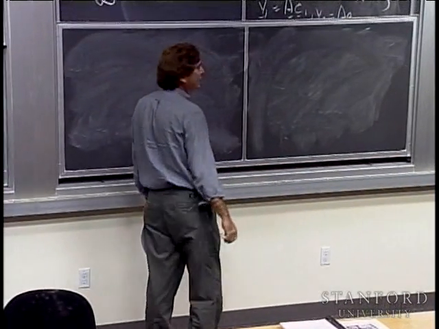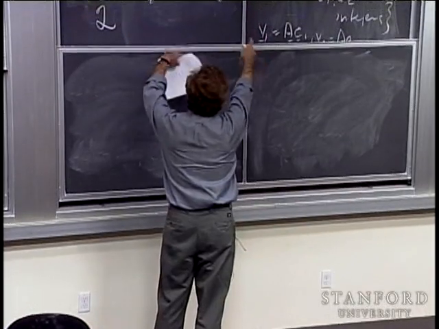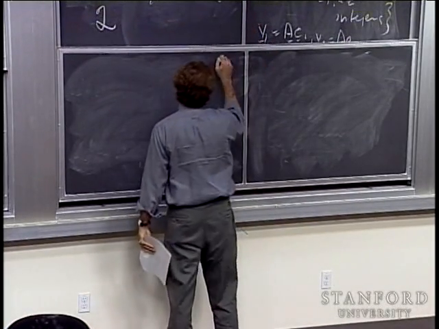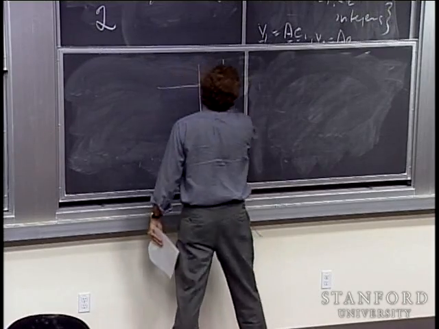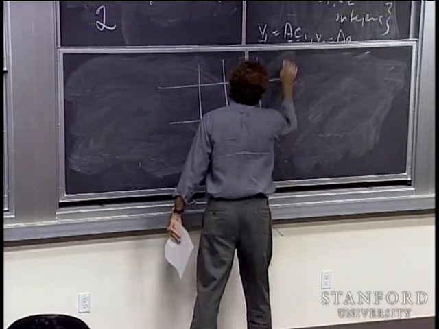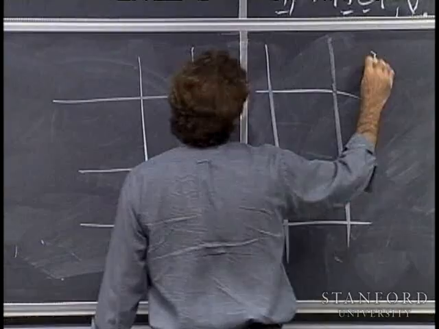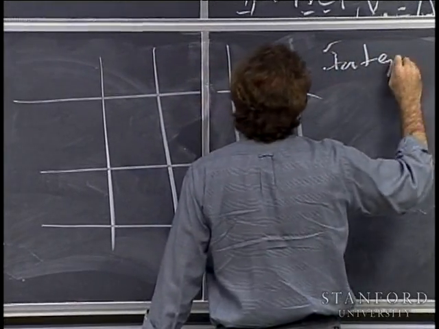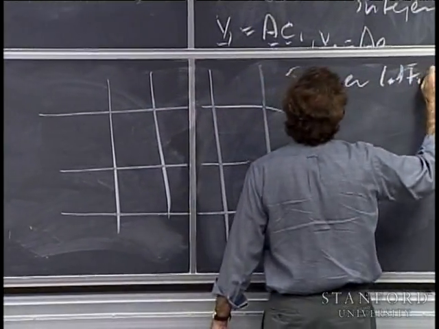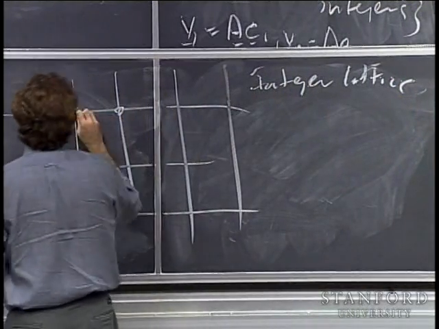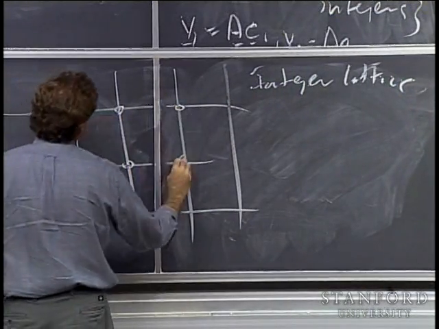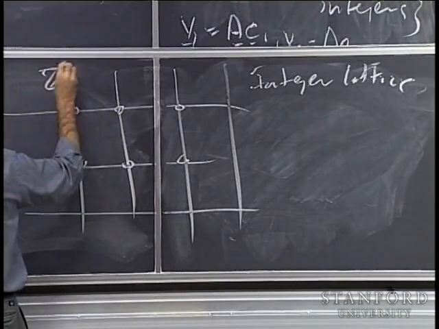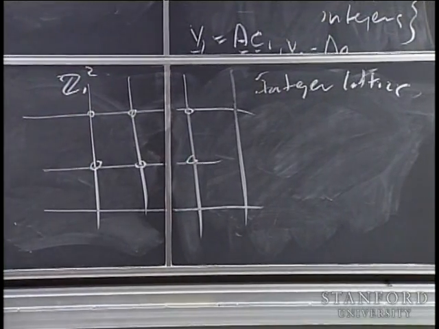All right. So I'm going to put two other lattices on that board, but here's the integer lattice, Z2. I have two linear transformations.